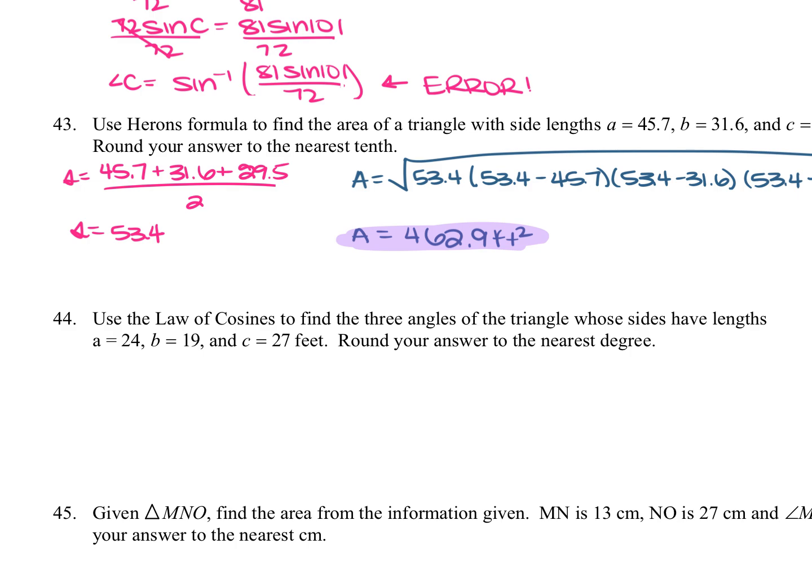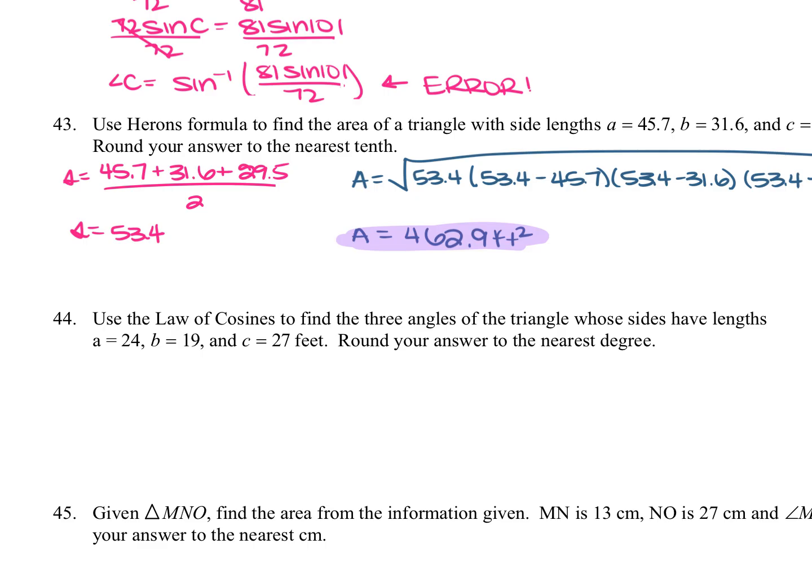For your next one, we're using the law of cosines to find the three angles. This is number 86 from your review. You have A equaling 24, B is 19, C is 27. You're rounding each of your answers to the nearest degree.